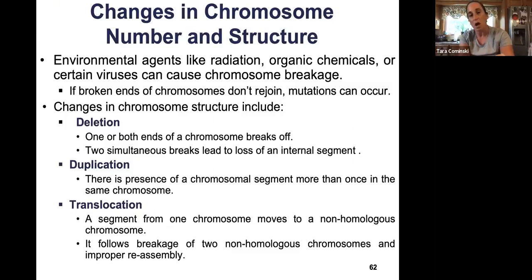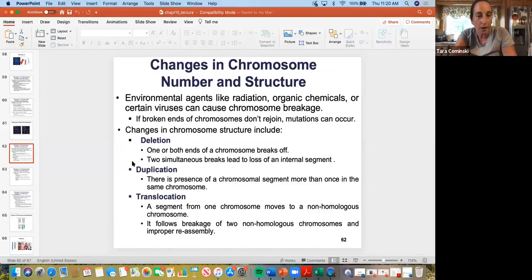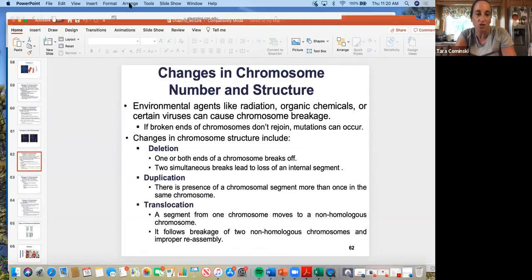Then the last part talked about changes in chromosome structure. These aren't 1 whole extra chromosome or 1 less chromosome, but part of the chromosome breaks off, and sometimes it may be reinserted and sometimes not. The homework question asked about inversion and translocation.